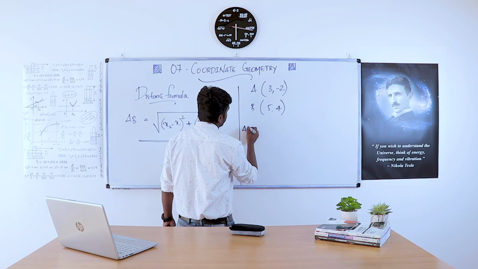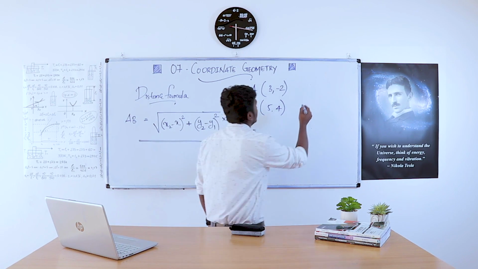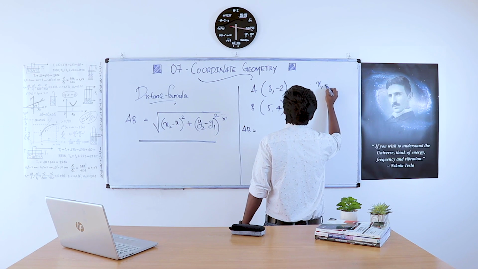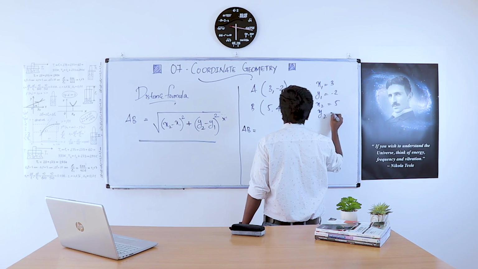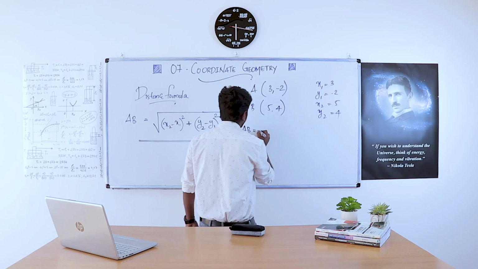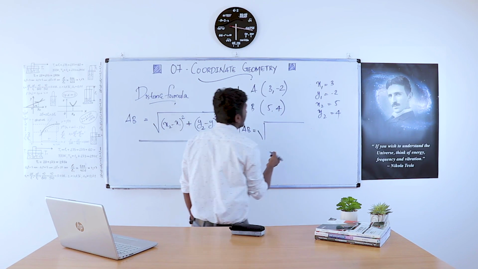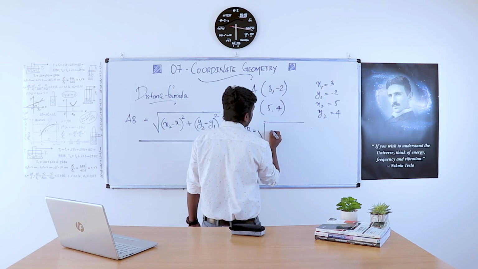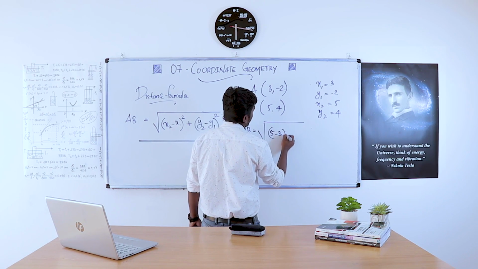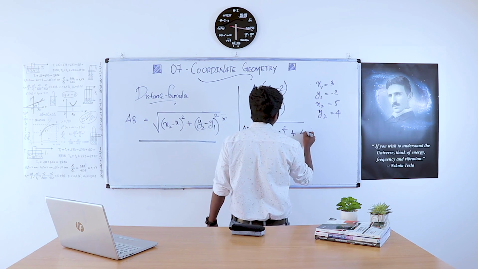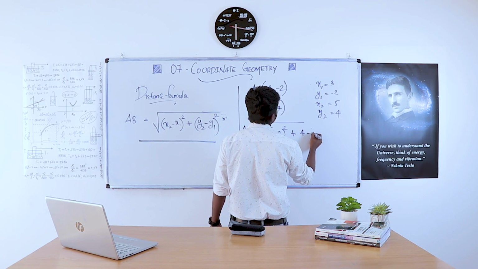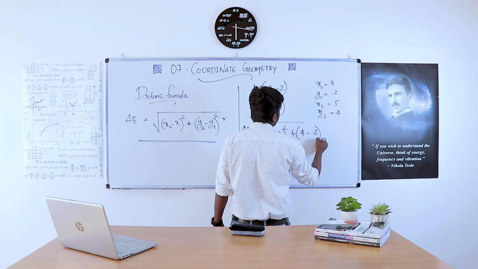Before substituting, what is x1? x1 is equal to 3, y1 is equal to minus 2, x2 is equal to 5, y2 is equal to 4. Now substitute: AB is equal to the root of x2 minus x1 the whole square, that is 5 minus 3 the whole square, plus y2 minus y1 the whole square, that is 4 minus minus 2 the whole square.